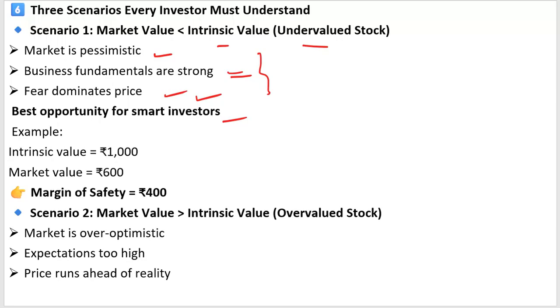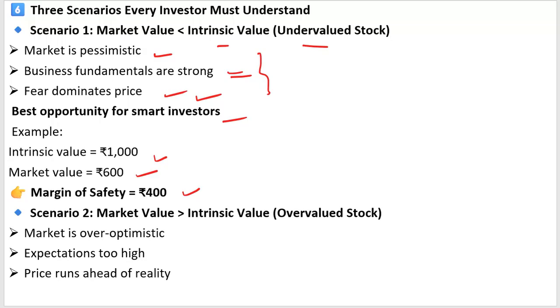How? Suppose IV value is 1000 and market value is 600, there is a margin of safety of rupees 400. What is margin of safety? We will discuss it here in detail. It is a risk reduction technique where investors buy stocks at a market price that is significantly below the estimated IV value.